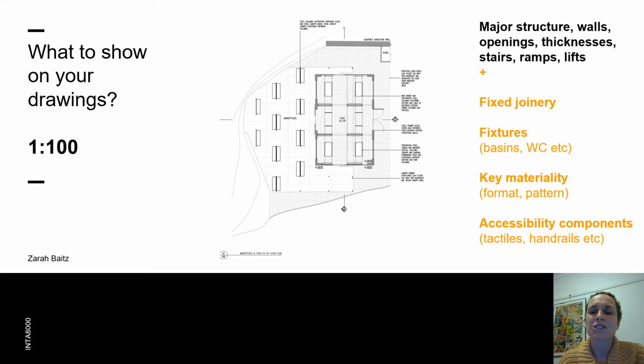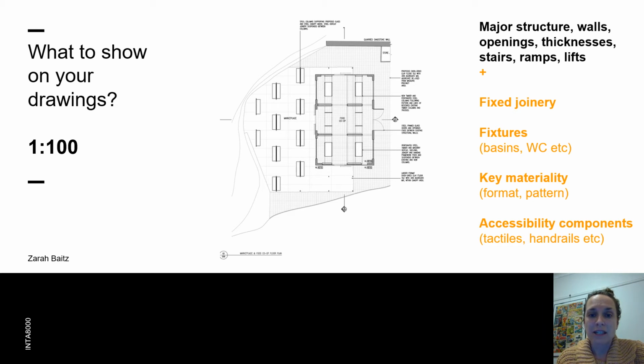So you'll be showing major structure, walls, openings, and the thicknesses of all of these, stairs, ramps, and lifts, as well as fixed joinery, so bars, benches, big basin blocks, workstations, fixtures, again, so basins, pans, etc. Key materiality, so as you see on Zara's plan here, we start to see that there's a differentiation of tile surfaces on the floor.